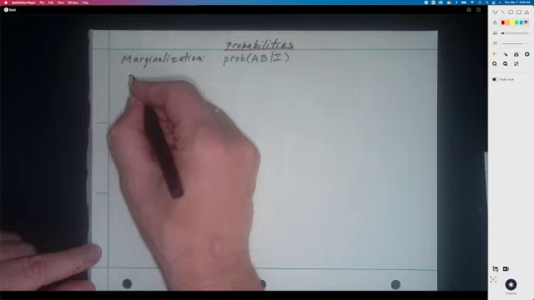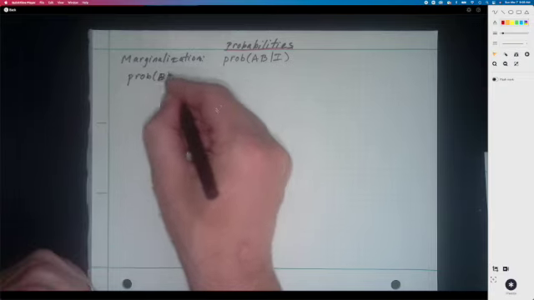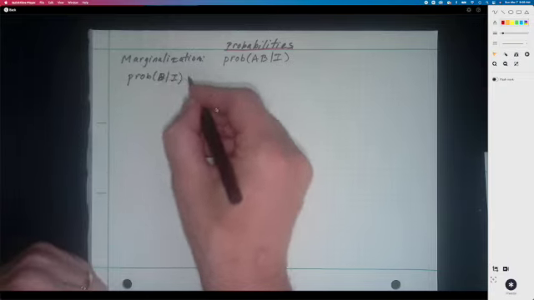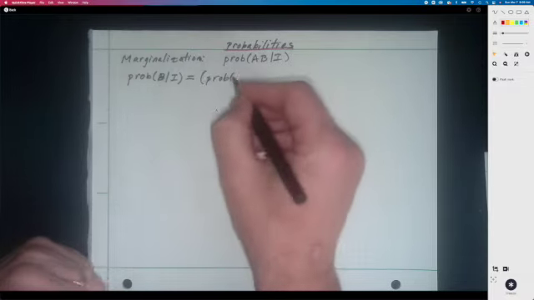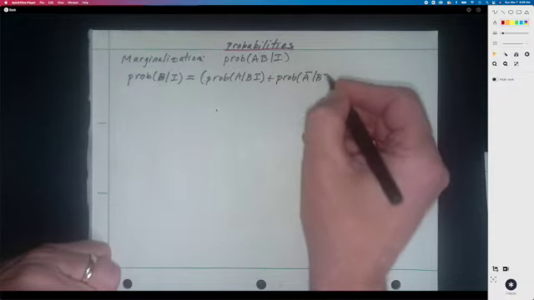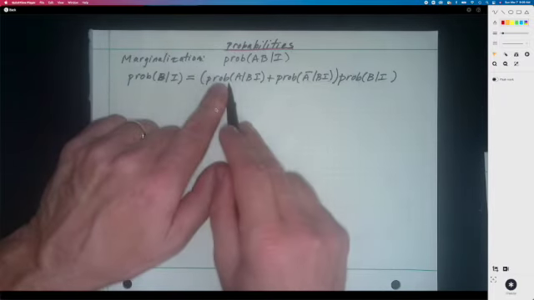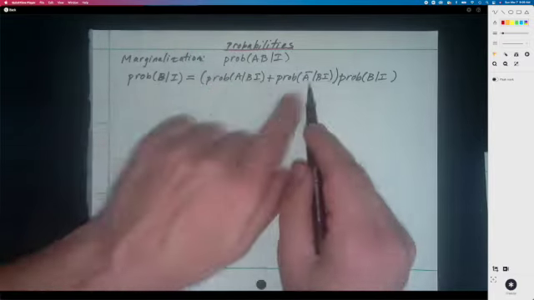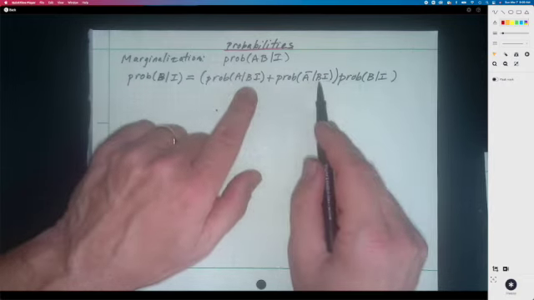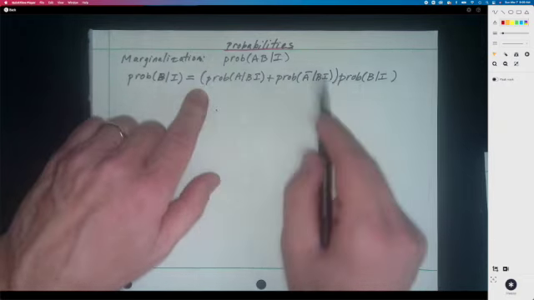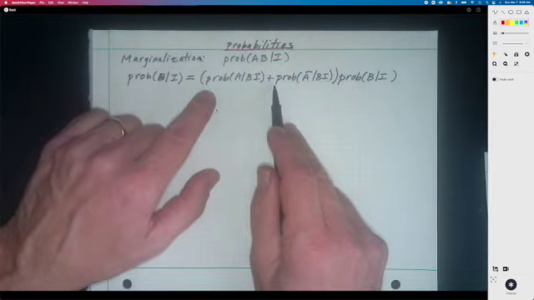So the probability of B, conditioned on the background information I, is the same thing as the probability of B times the quantity in brackets. Right, so this here, by the sum rule, has to be equal to 1. It's the probability of A plus the probability of not A. They're conditioned on the same quantities, and so this is just equal to 1. So we didn't change anything, we just multiplied by 1.